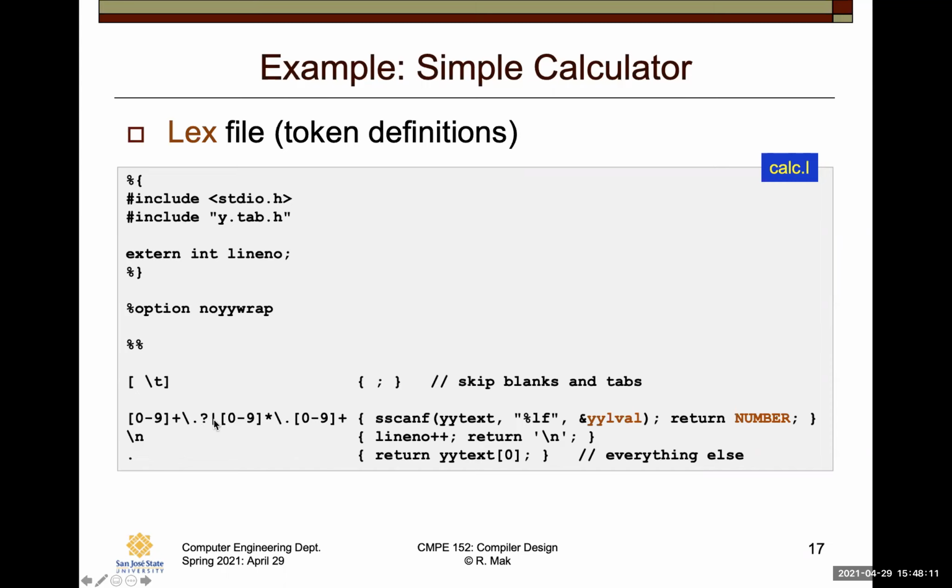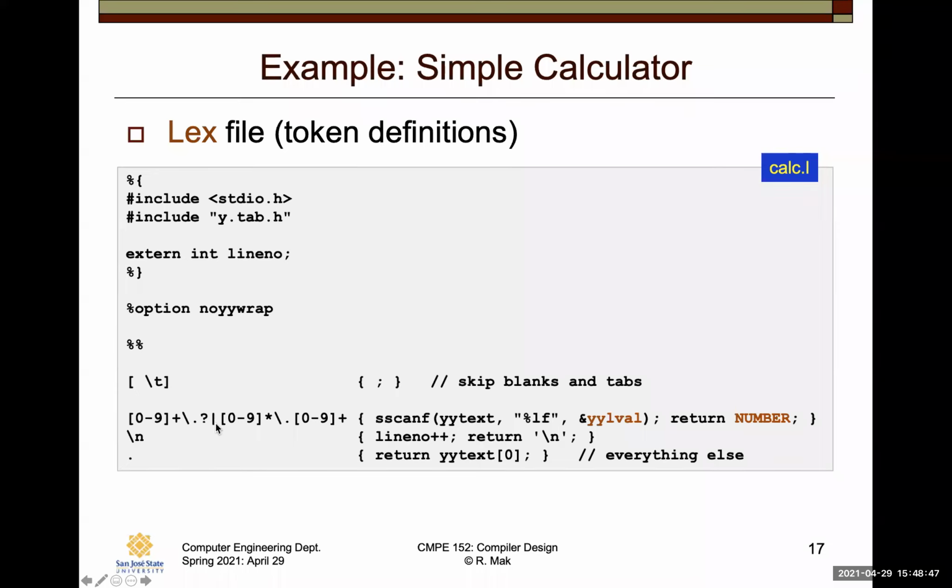And this is or. So the first version of a number is one or more digits optionally followed by a period or decimal point, or it could be 0 or more digits, definitely followed by a period, followed by one or more digits to the right of the decimal point. So this describes two different versions of a number. And this is the or here.